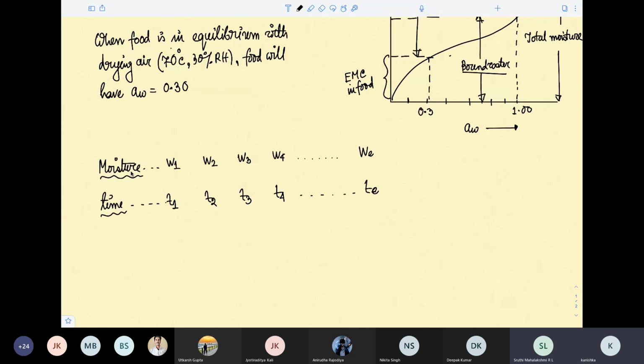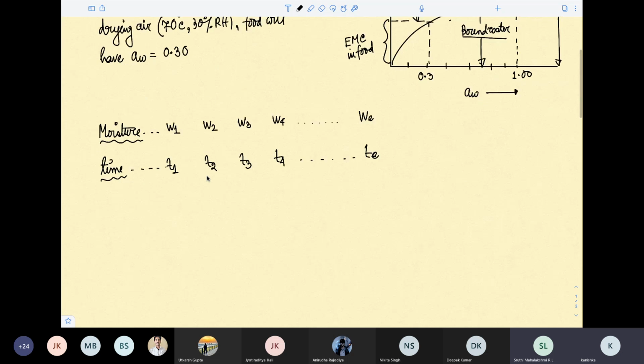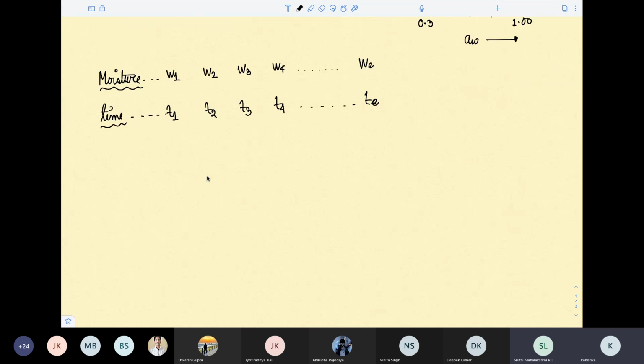Now what we do, we plot them. After plotting, this is total moisture. So after plotting, how does it usually look, the traditional curve? Here let's say we have total moisture.